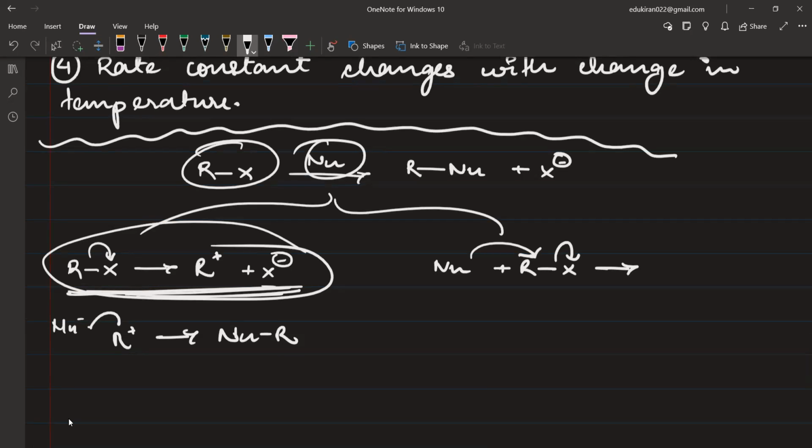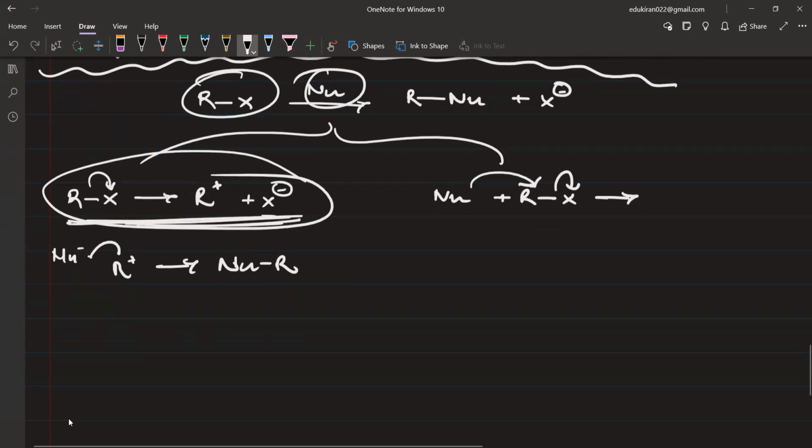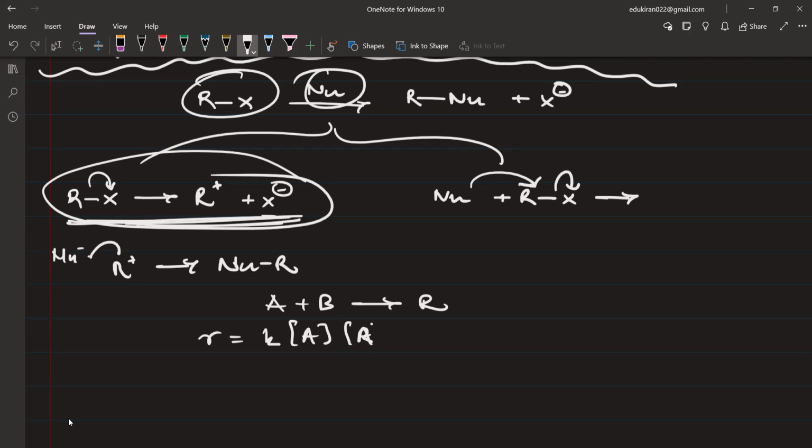It also predicted that we can get the rate of reaction by just looking at the particular reaction. If I have A plus B, and it is giving me some product, and if you have the rate constant, then you can predict the rate of reaction at any particular concentration.